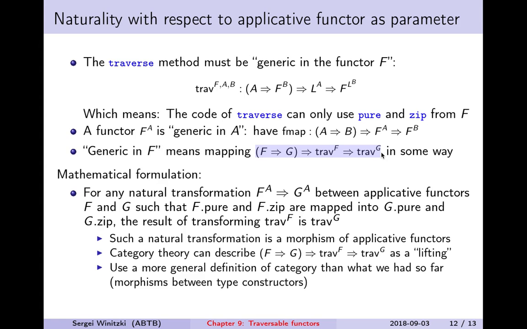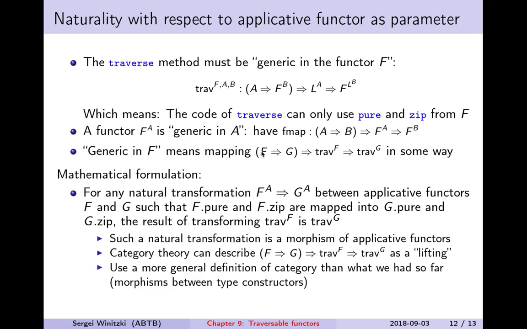But f and g are not types, they're type constructors. So this is not a function, this is a natural transformation, which is a more complicated object. So when we used category theory to describe such liftings, we would usually say this is a morphism in one category and this is a morphism in another category.